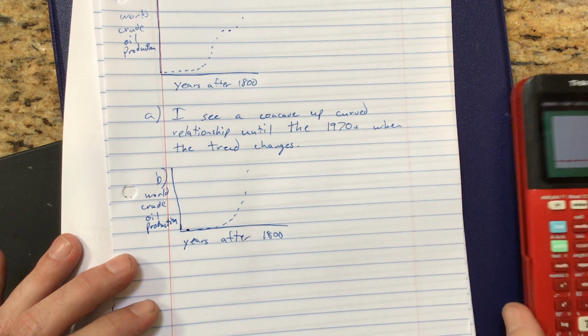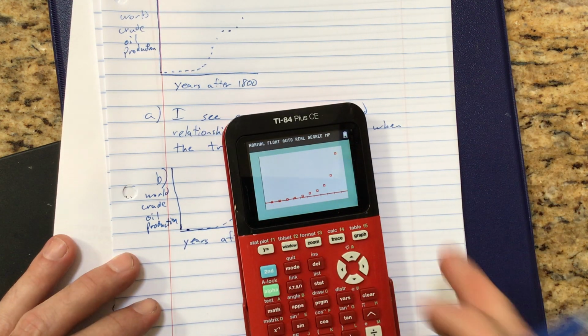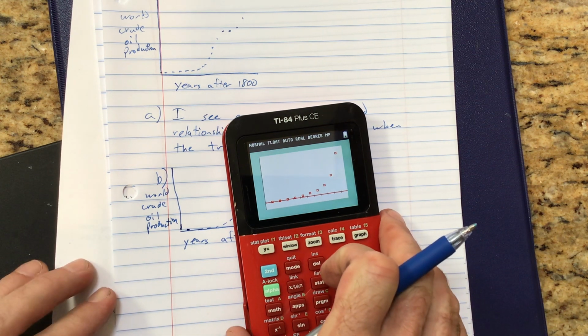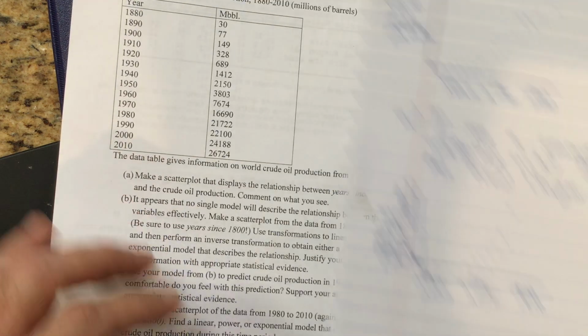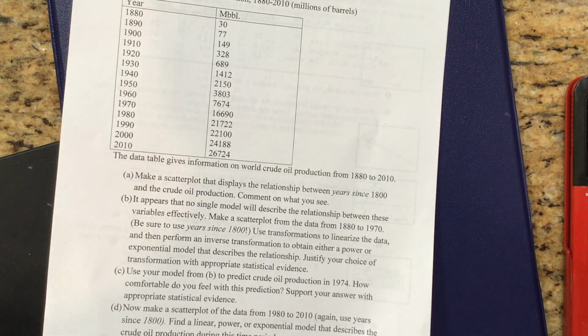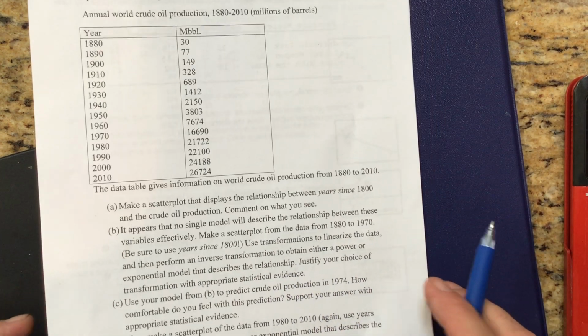All right, I can clearly tell that this is not linear, so I'm not even going to bother with linear because we already noticed this is concave up. It's clearly curved, okay? So we have to use our transformations to linearize the data.